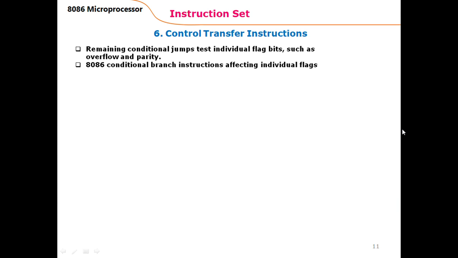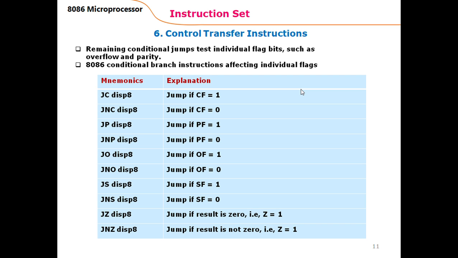Okay, so there are other instructions as well, conditional instructions that test individual flag bits, such as the overflow and parity flags. In 8086, conditional branch instructions affecting individual flags are here. This is a set of instructions with mnemonics and a short explanation, and these instructions test a single flag.